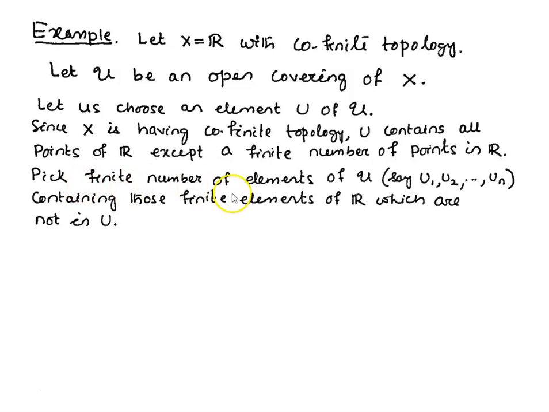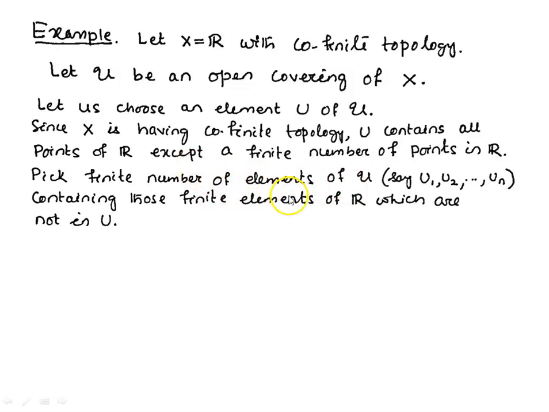Now pick a finite number of elements from this collection U, because this is an open covering of X. That means the union of all members of this collection is equal to X, and our X is R. The complement of this U has a finite number of elements. Suppose we have n elements, 1, 2, 3 up to n.